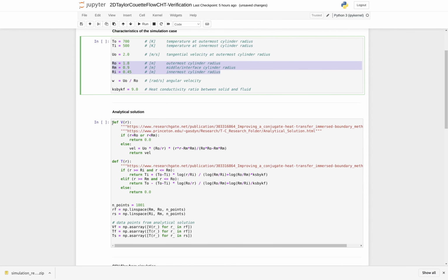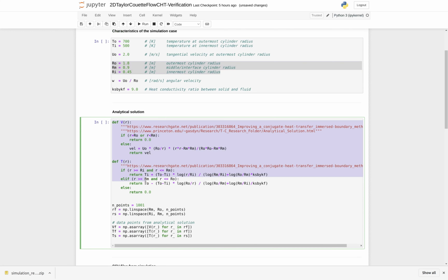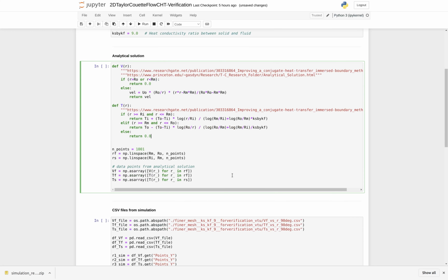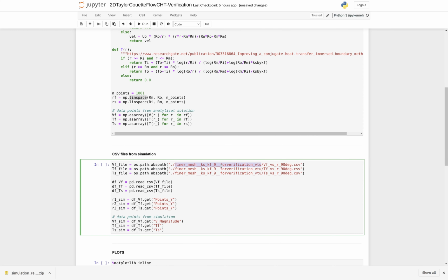The analytical solution is defined by v of r and T of r functions, which take in the radius value as the input, and similarly we have extracted the simulation values from ParaView for the fluid velocity and the temperature in the fluid and the solid domain.